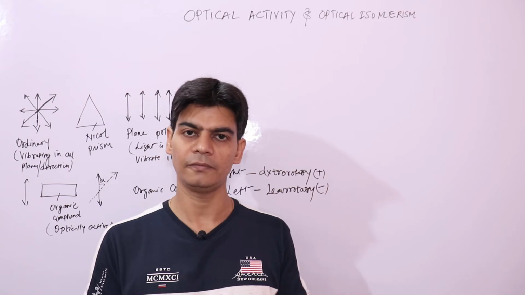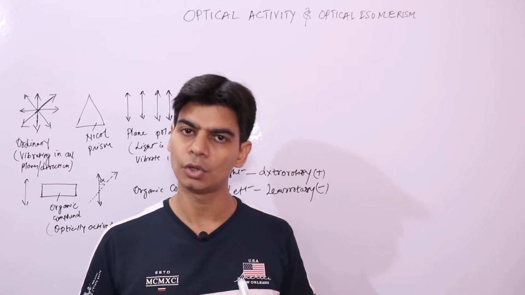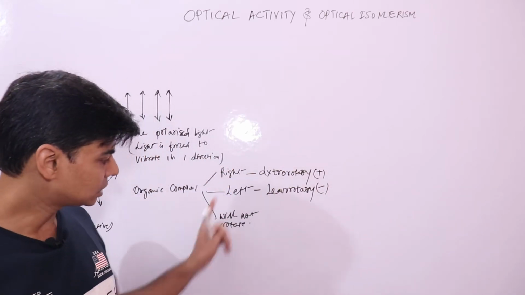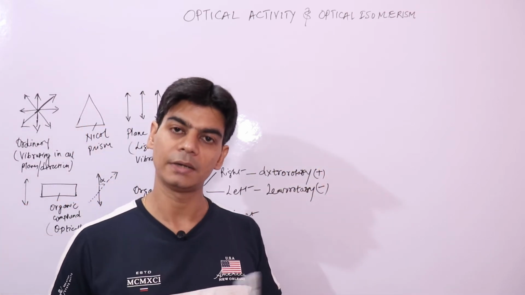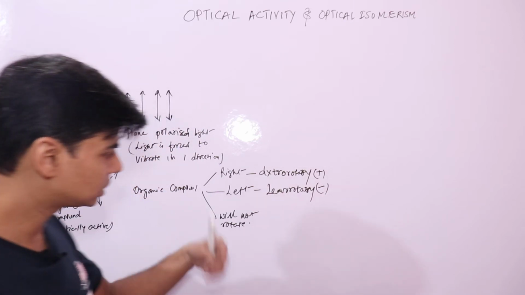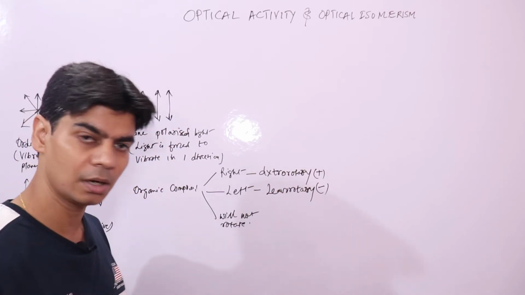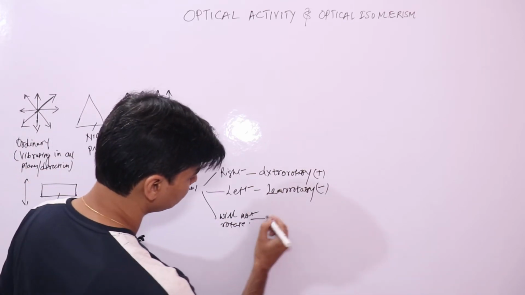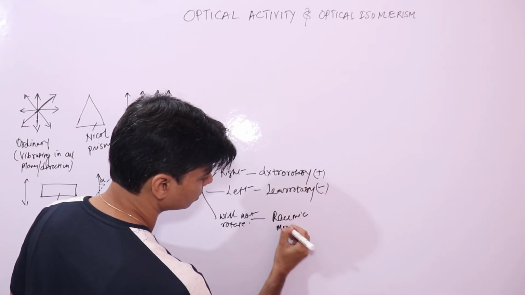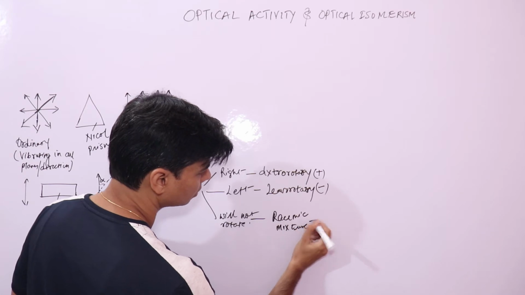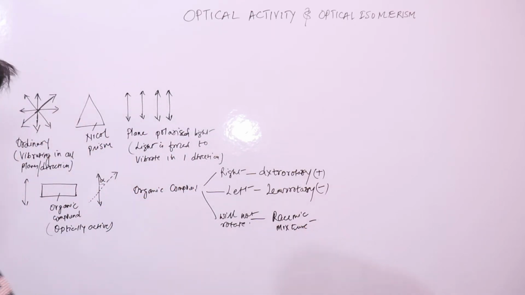So the net effect is that the light would not be rotated, right? So such compounds that consist of D and L form are racemic mixtures. We'll go through a racemic mixture in coming lectures, right? So these are racemic mixtures, that do not rotate the plane of polarized light.